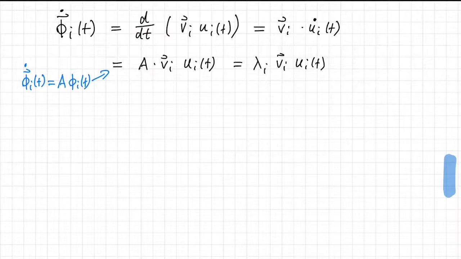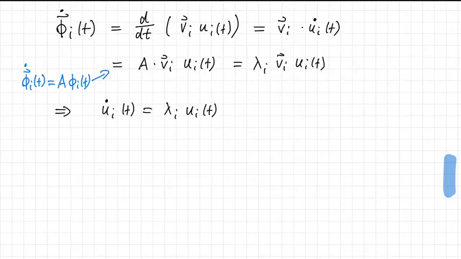We have an equation where we have this vector twice. For this equality to hold, the coefficients need to be the same, so we can deduce that ui dot of t equals lambda i times ui of t.